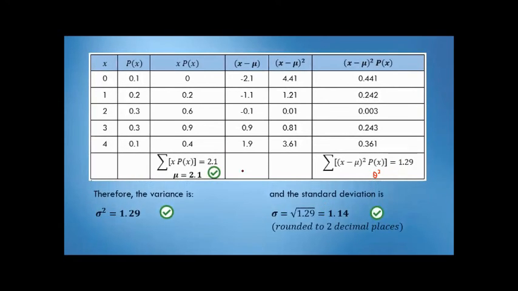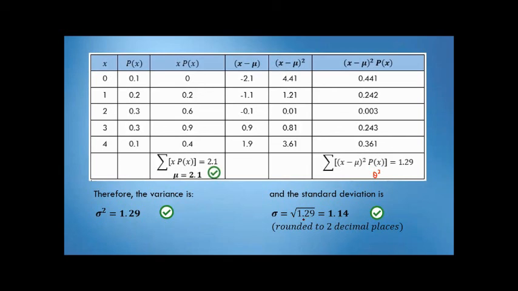Therefore, the variance, sigma squared, is 1.29, which came from the summation of our last column. We also got the mean, which is 2.1, the expected value. For the standard deviation, that is the square root of the variance.